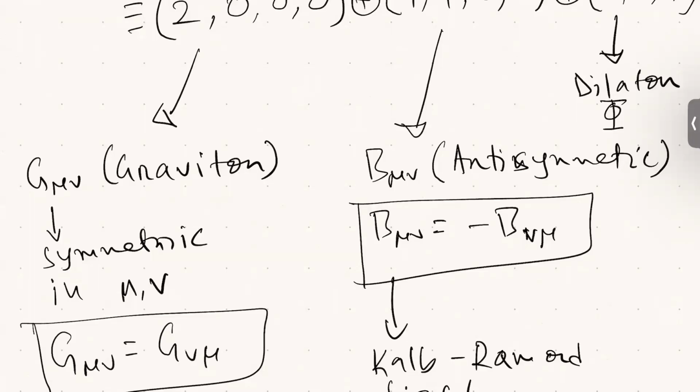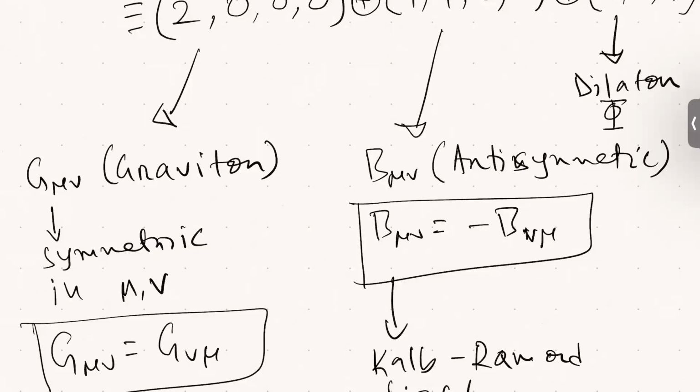So basically these are forms, right? On the right hand side, they enter as two forms. You have to write the Lagrangian of a two form if you want to understand the action of that string theory.